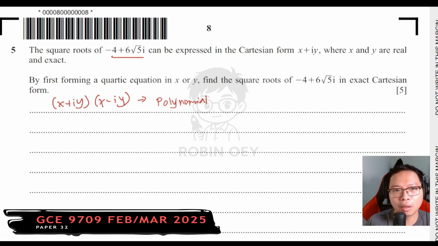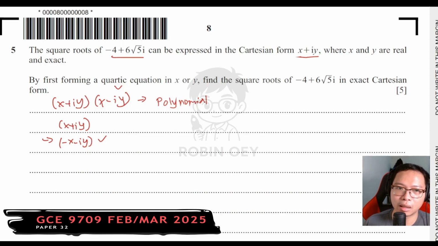Since it has told us this is x plus iy, the root can be x plus iy or it can be negative x negative iy. So this is different, this and this is the conjugate. This one is just a negative form of the roots.